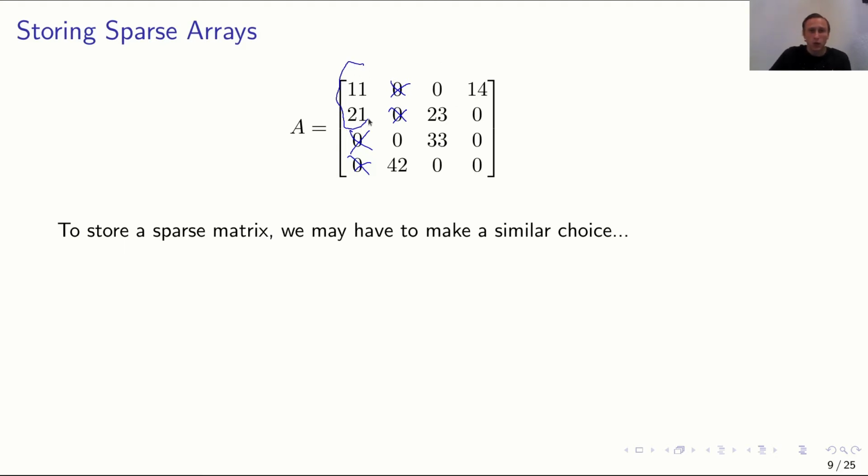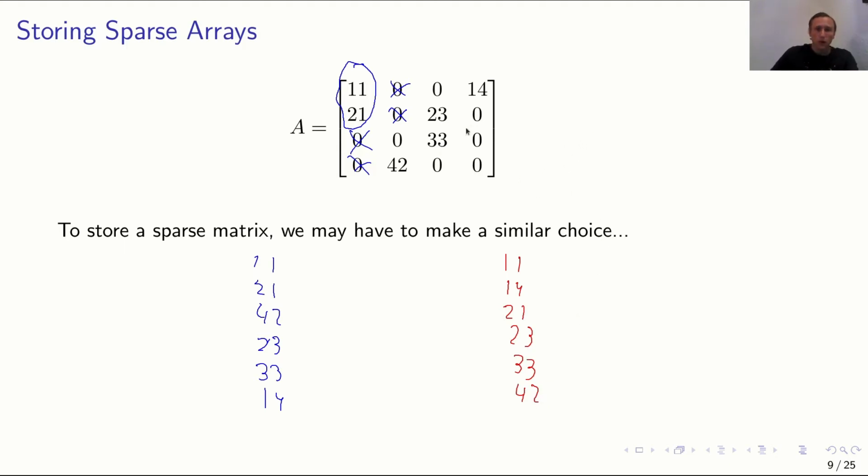So in column major order, we store it one column at a time, meaning the array would look like this, starting with 11 and 21, then comes 42, then 23 and 33, and then finally the value 14. Whereas in row major order, we would start with 11, then 14, then 21, 23, 33, and 42.